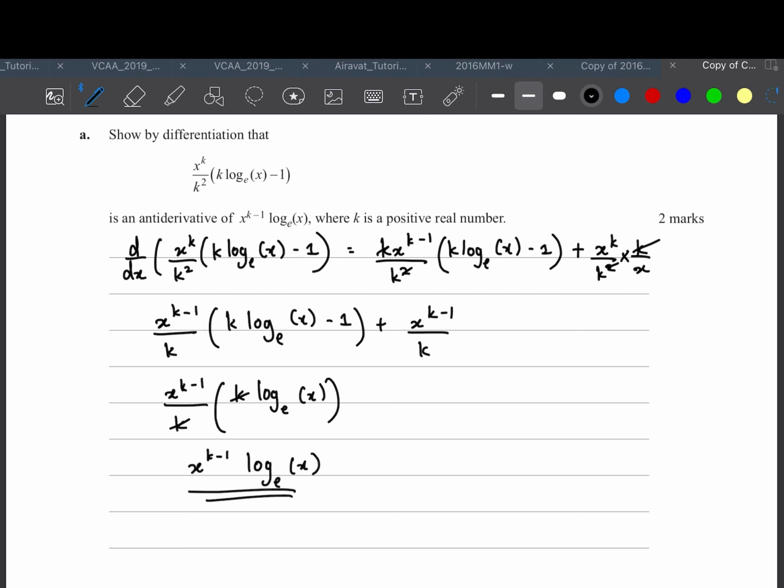And that's what they wanted us to show, and we have done that, so we can just say hence shown. All the marks here go for the correct method. If I were to simplify that, maybe 1 mark for correctly differentiating this, and 1 mark to be able to show, after simplifying, that the derivative of that is indeed equal to this.